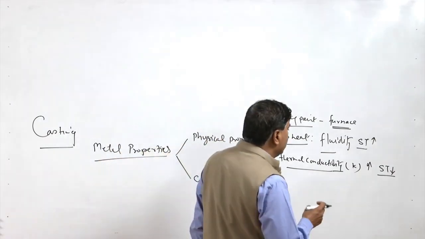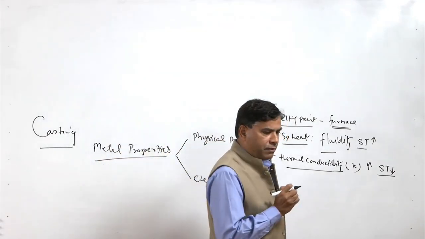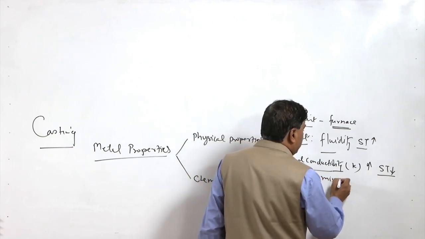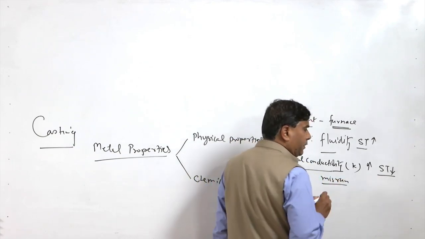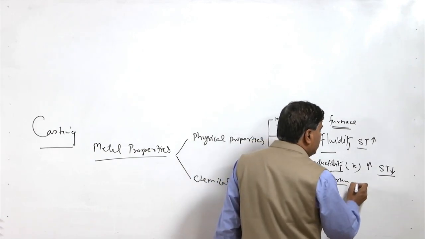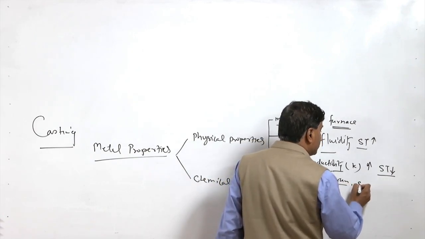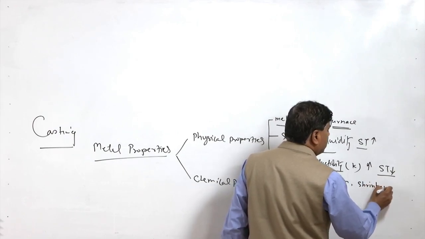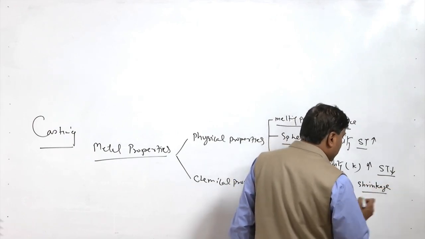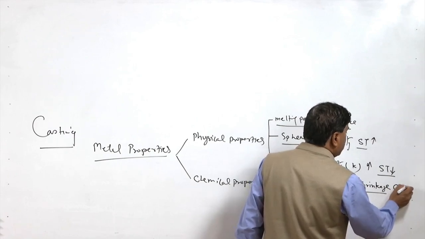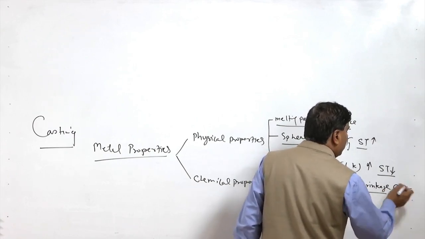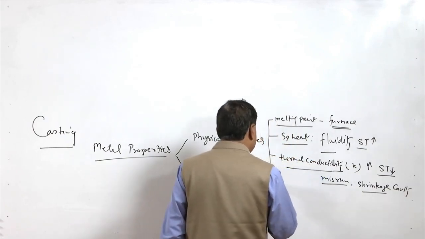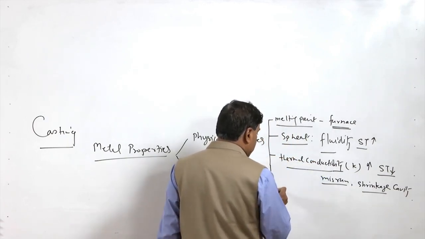On the other hand, it will increase the tendency for defects like misrun, meaning incomplete filling of the mold cavity, or it may lead to shrinkage cavities, because the solidification will be completing much earlier. So, shrinkage cavity or shrinkage porosity related problems are encountered if the solidification time is limited.